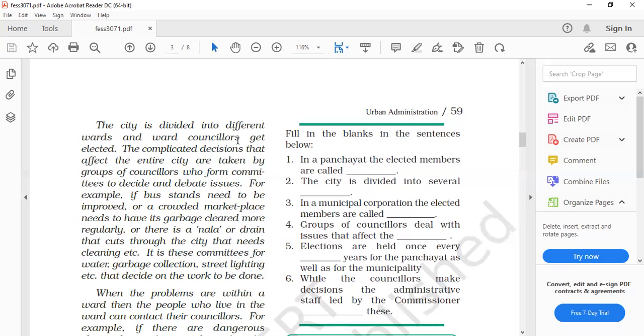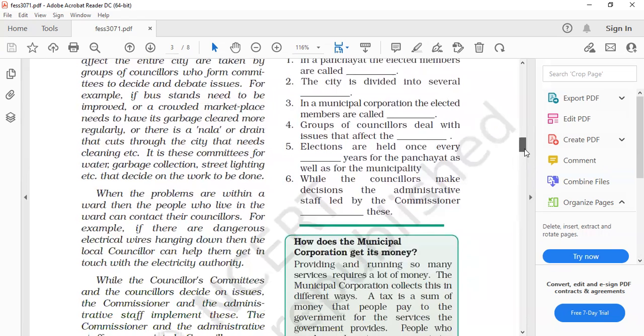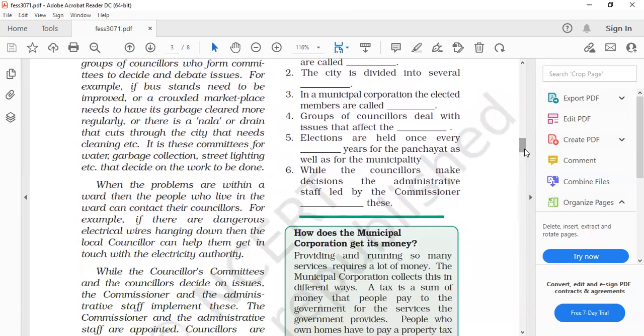Once again I told you, what are the responsibilities of ward councillors? Give some examples. So this is the question's answer. You can see here the responsibilities of ward councillors.